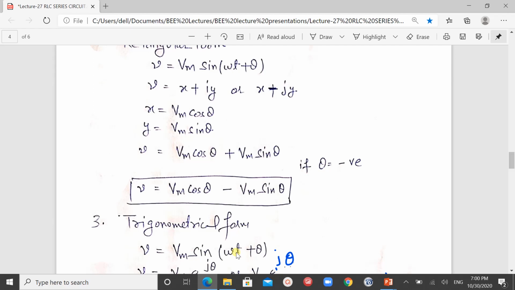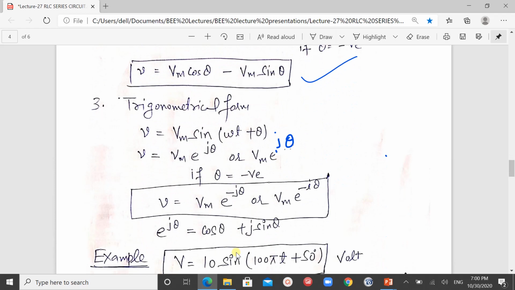We put the value of x and y in the above equation. We will get V is equals to Vm cos theta plus j Vm sin theta. If the angle is negative, then it will become Vm cos theta minus j Vm sin theta.